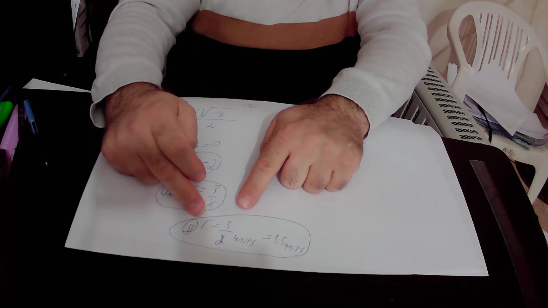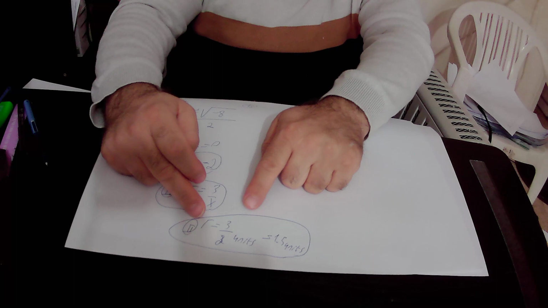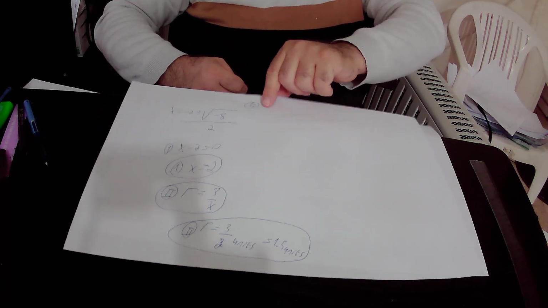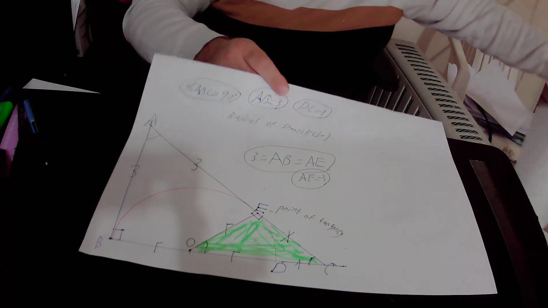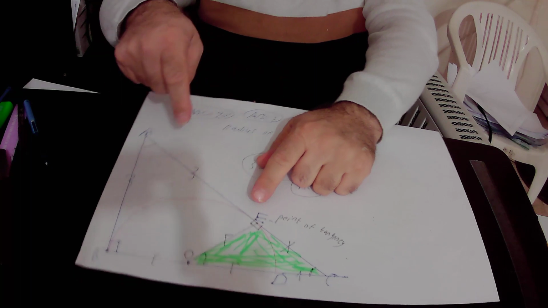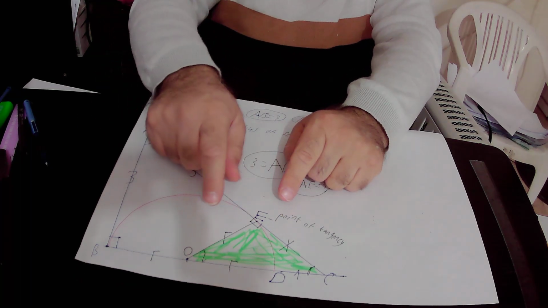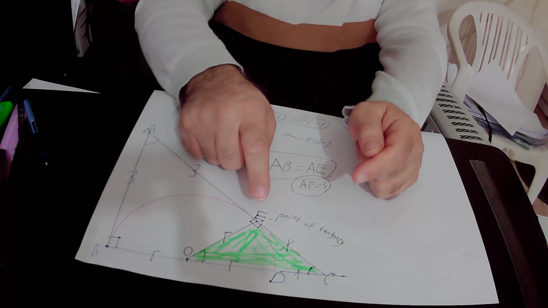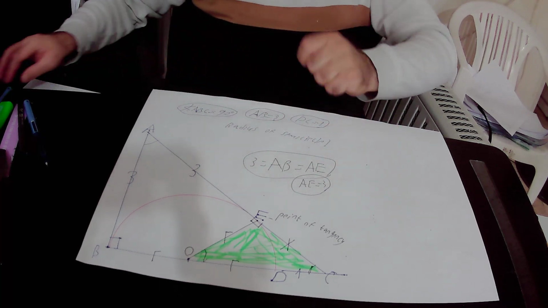So the radius of the semicircle equals to 3 over 2 units, or it equals to 1.5 units. Okay, so I'll repeat again. The radius of this red semicircle, r, equals to 3 over 2 units, or it equals to 1.5 units. Okay, thank you very much.